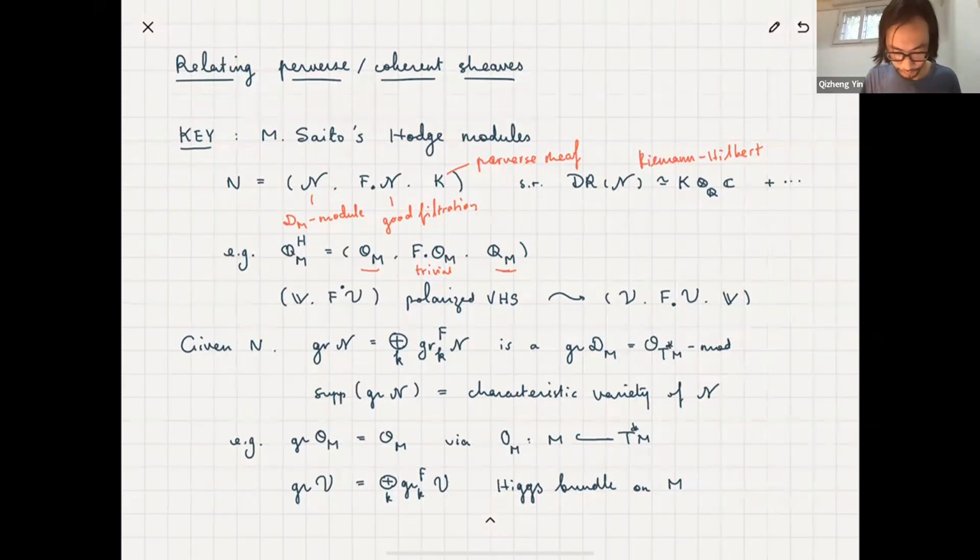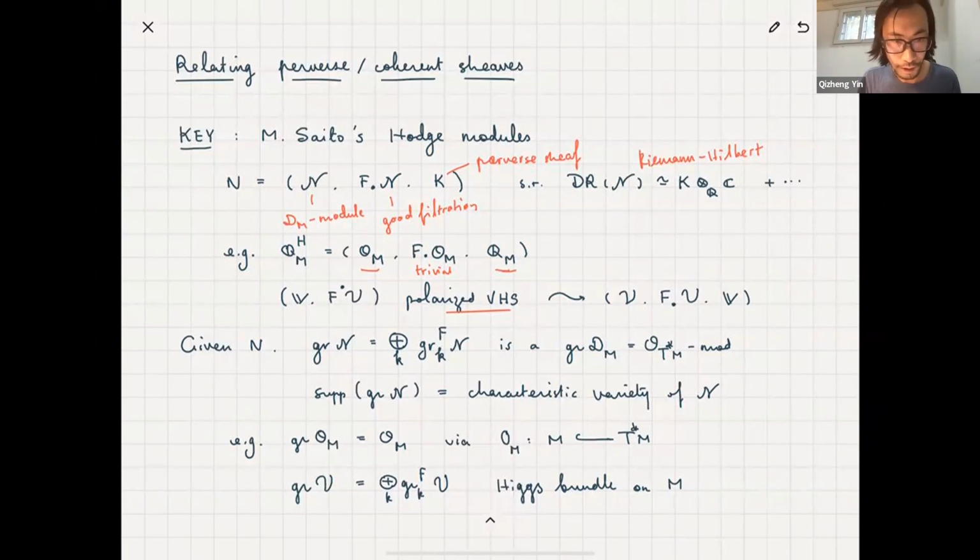And this is the trivial Hodge module on my M. And also, if you have a polarized variation of Hodge structures, then you can make it into a Hodge module by remembering the holomorphic bundle and also the Hodge filtration and also the underlying local system.